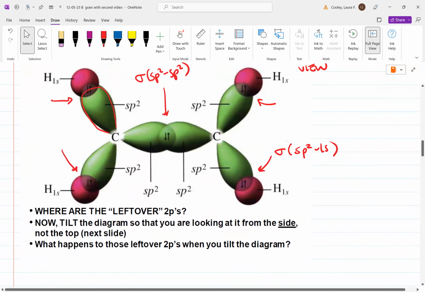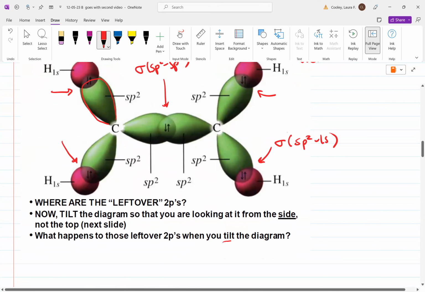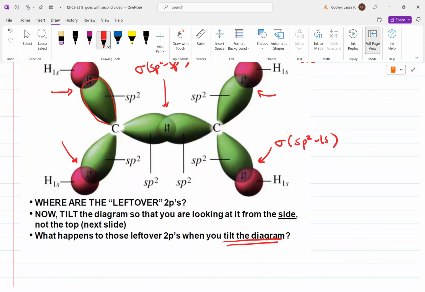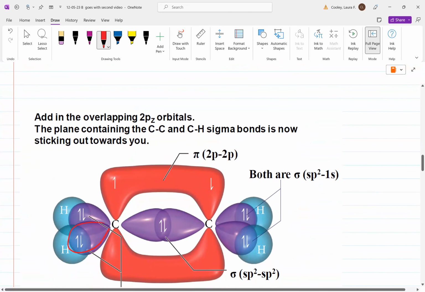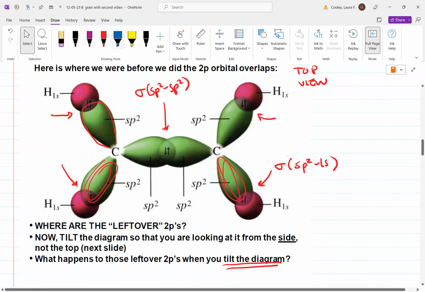Okay, so if you take this picture and you tilt the diagram, so now instead of looking at it flat, you kind of look at it from the side, and these are now coming out towards you. And so these are the ones that are coming towards you. So then these other ones would look like they're going back.